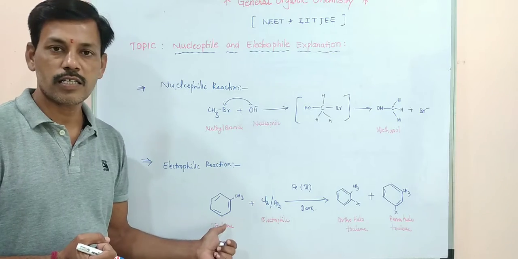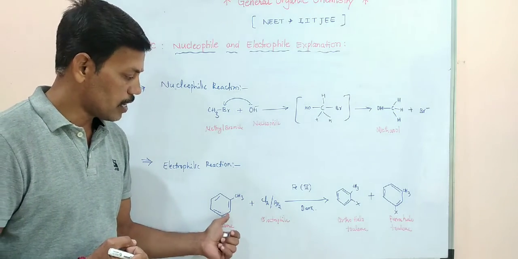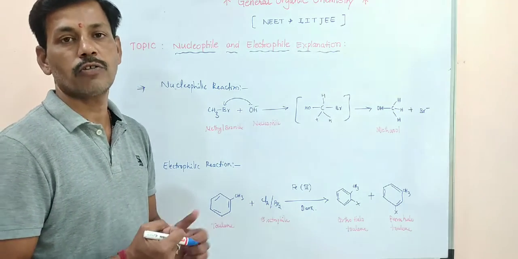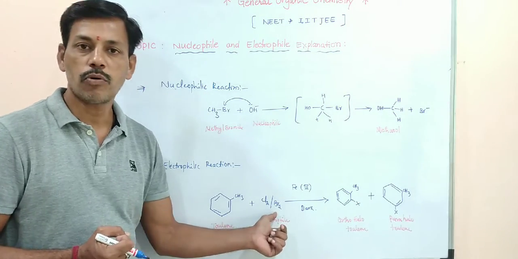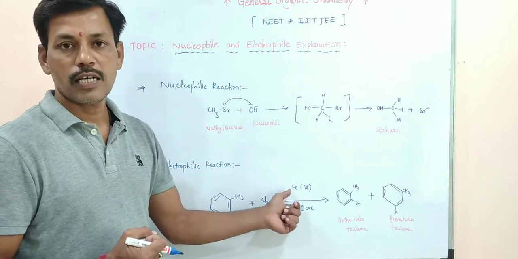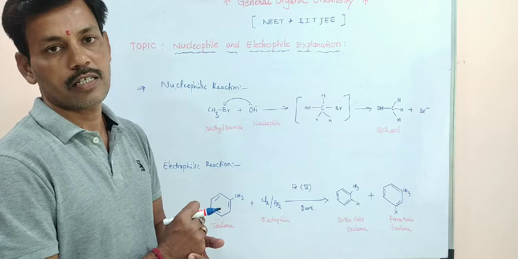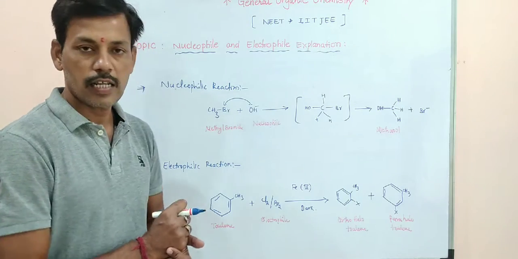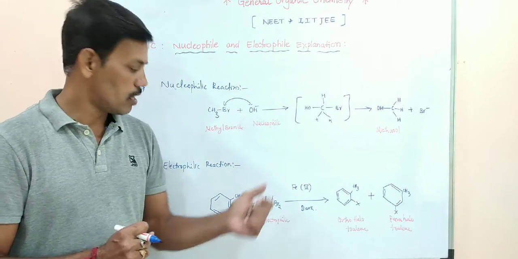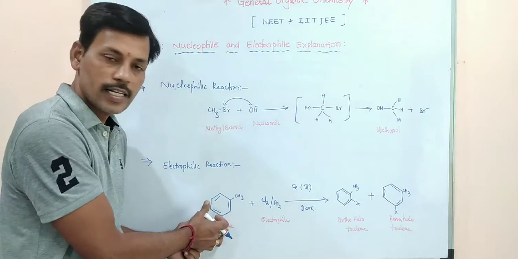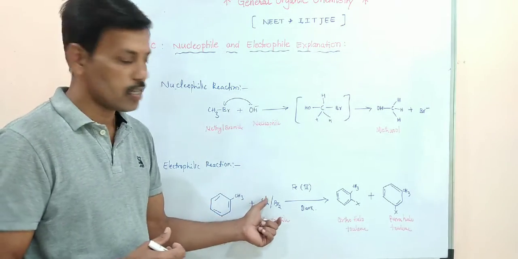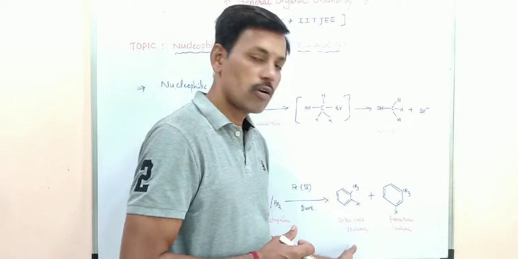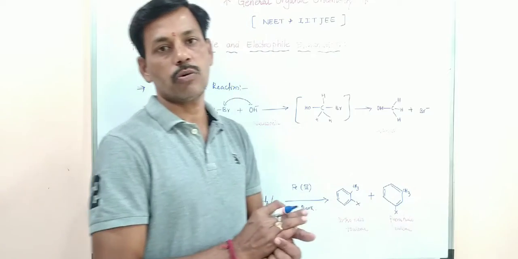This is an arene, and this arene reacts with halogens like chlorine and bromine in the presence of an iron catalyst, Fe3 plus. Toluene reacts with halogens and forms ortho-halotoluene or para-halotoluene.